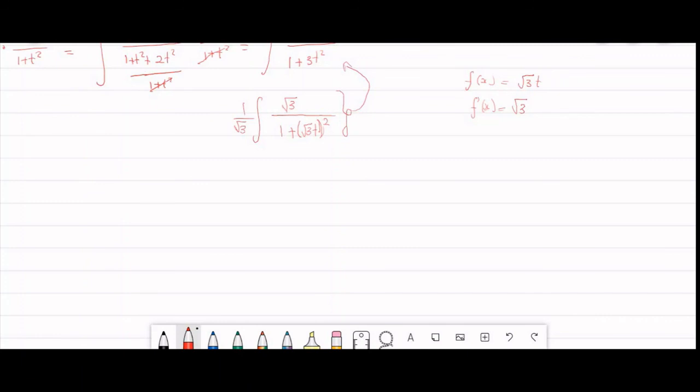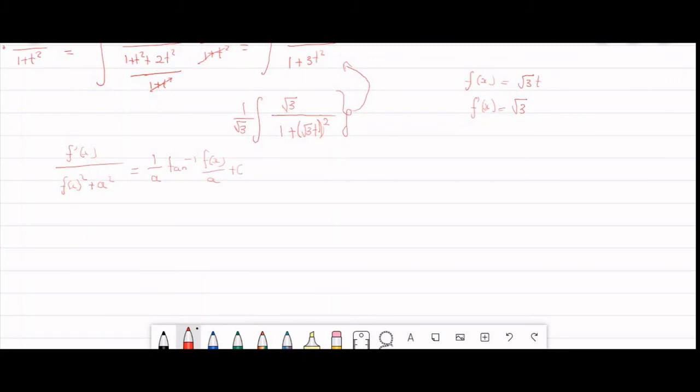So now we can apply the law that says if you are having f prime at x over f at x squared plus a squared, it's equal to 1 over a tan inverse of f at x over a plus c.